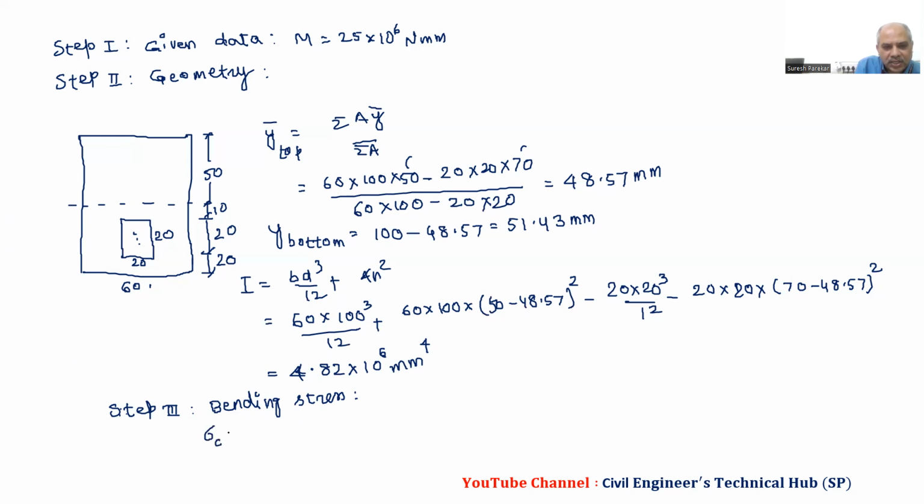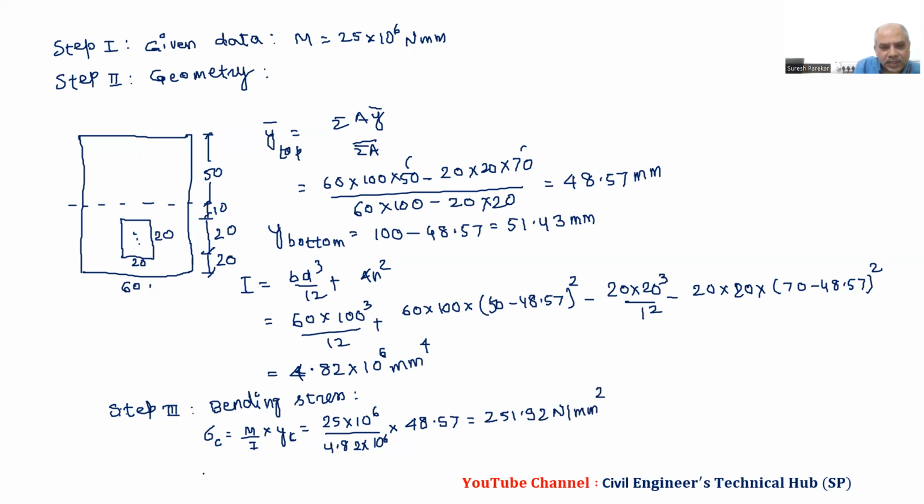So sigma C equals M by I into Y C. So M we have 25 into 10 raised to 6 upon I is 4.82 into 10 raised to 6 into 48.57. And we will have this value 251.92 Newton per mm square.